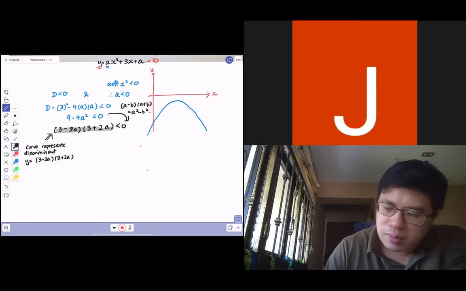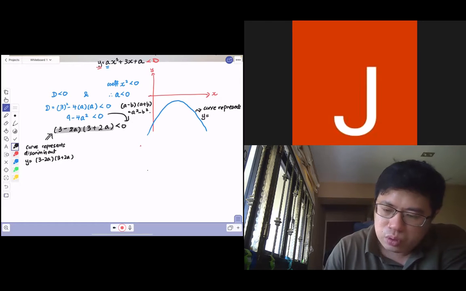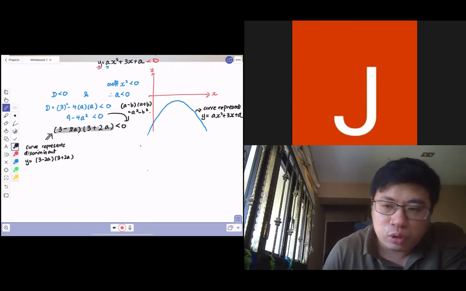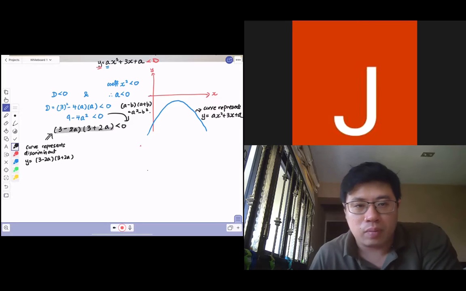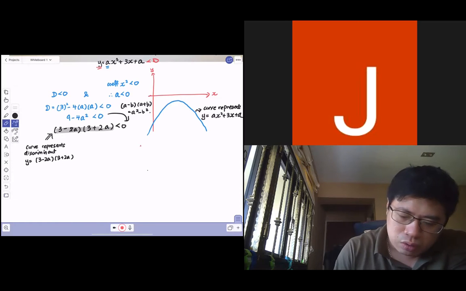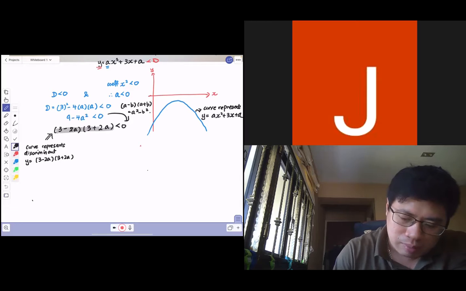This is basically different from the curve that represents y equals ax squared plus 3x plus a. There are two very different curves, so do not be confused by the two of them. 3 minus 2a, 3 plus 2a will probably look something like that. You know that the coefficient of a squared is negative, so it will look something like this.